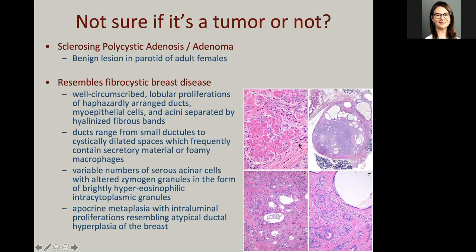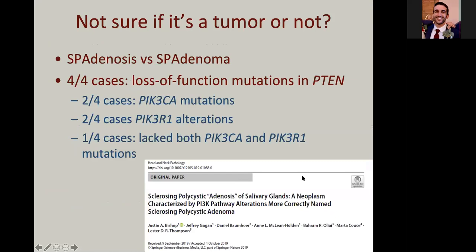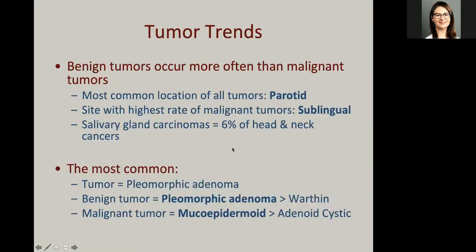That was thought to be a reactive change, but recently some clonal anomalies in PTEN and related genes have been found. Therefore, it's thought to potentially actually be a tumor. Regardless of whether it's a tumor or not, it's very, very rare. But just know that sclerosing polycystic adenosis or adenoma is either a reactive change or a benign tumor.